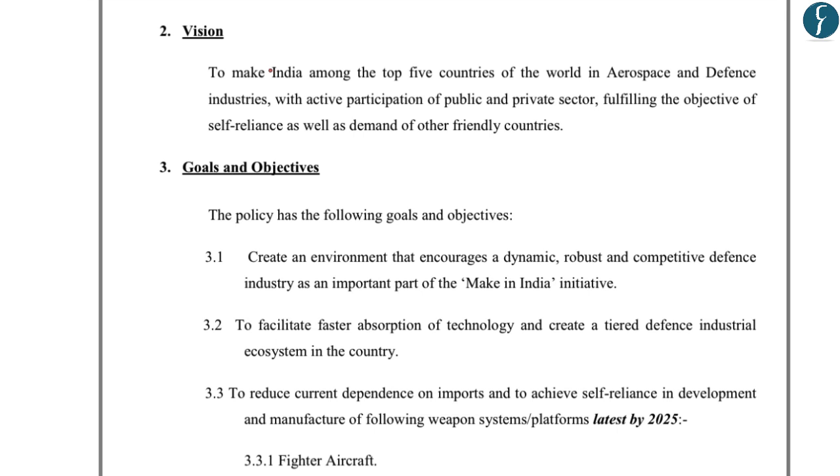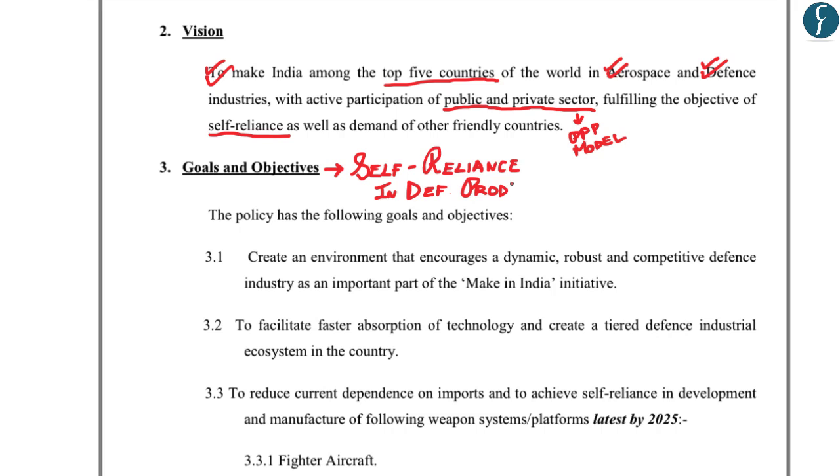The vision of this policy is to make India among the top 5 countries in aerospace and defense industries by ensuring participation of the public and private sector, fulfilling the major objective of this scheme of self-reliance in defense production.